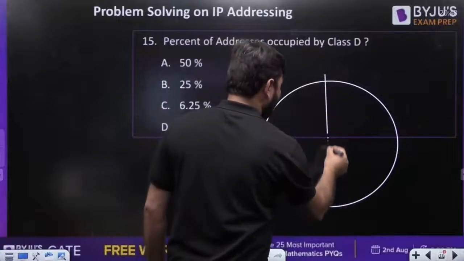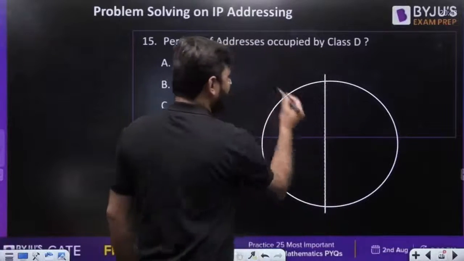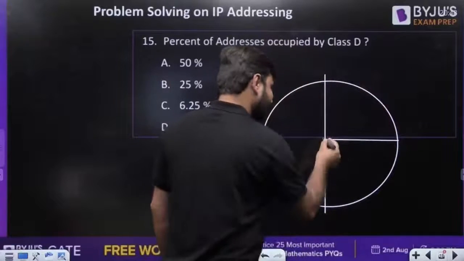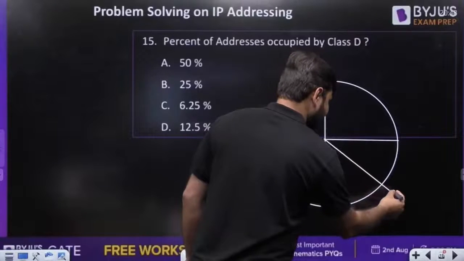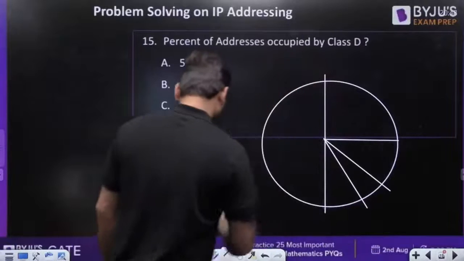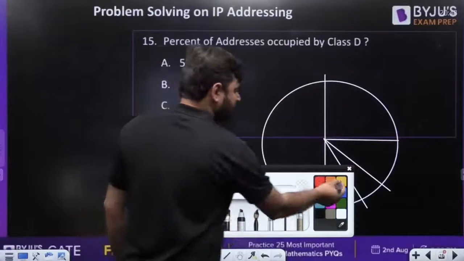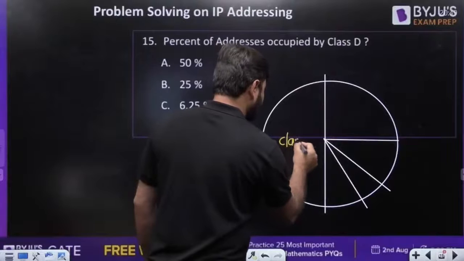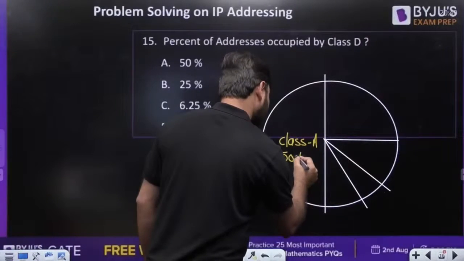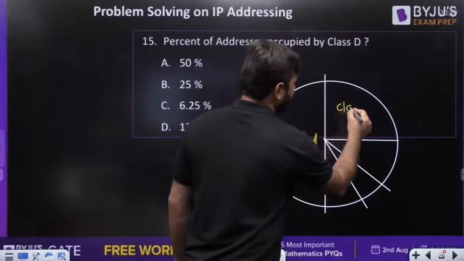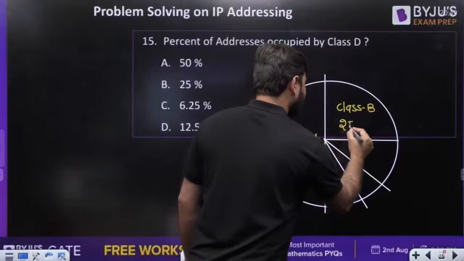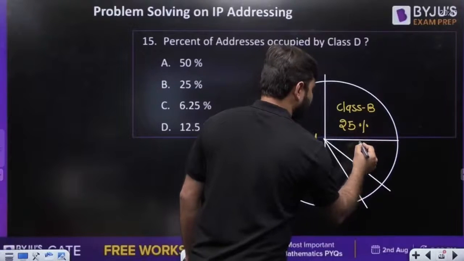Half we have assigned to class A, and after that this is a quarter. Now we know that this 50% we have assigned to class A, so this is nothing but 50% of IP addresses. This is the space we have reserved for class B, a quarter, which means 25%. This is for class C.